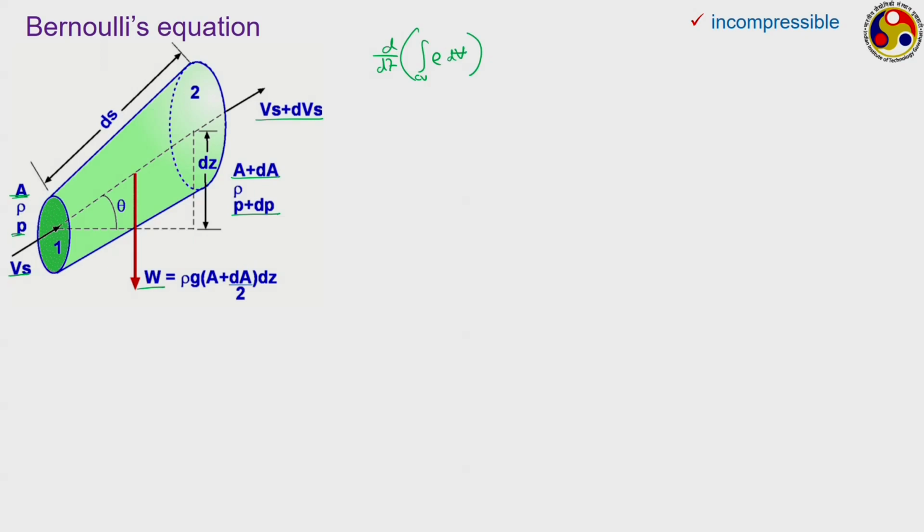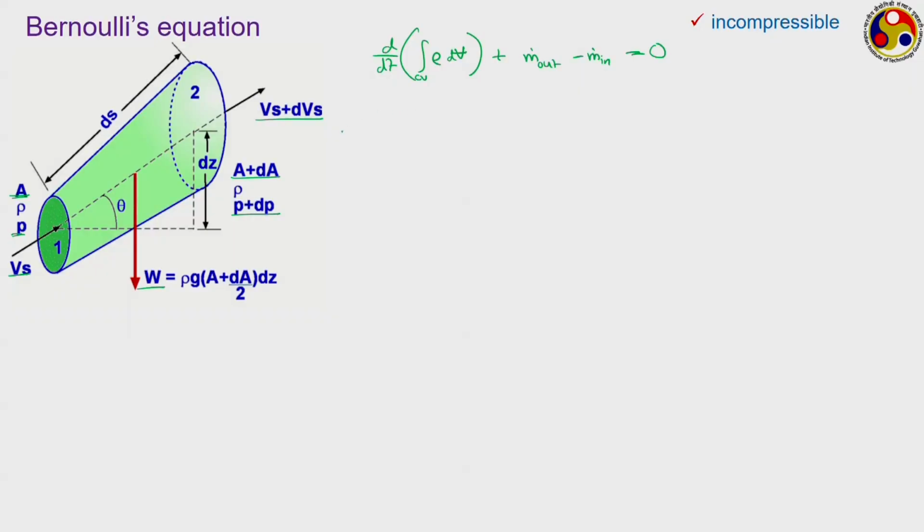CV is the total control volume, which is the stream tube, plus the mass flow rate which is moving out minus the mass flow rate which is coming in is equal to 0. This is the standard form of the mass conservation equation. The differential version of this we used 2 slides back to introduce the concept of stream function.